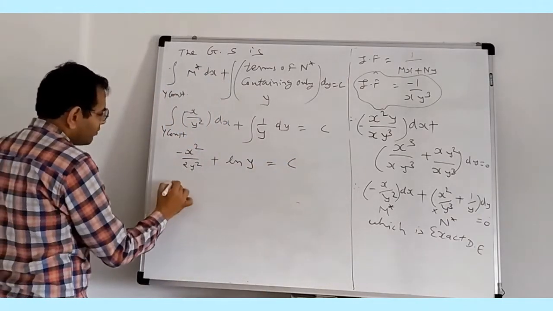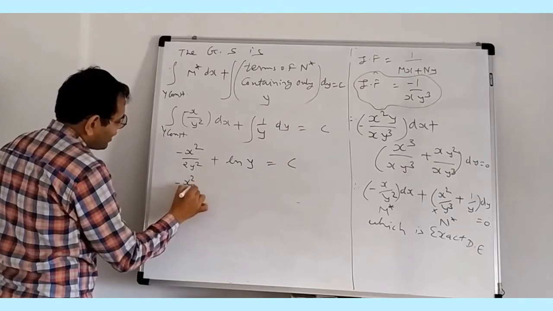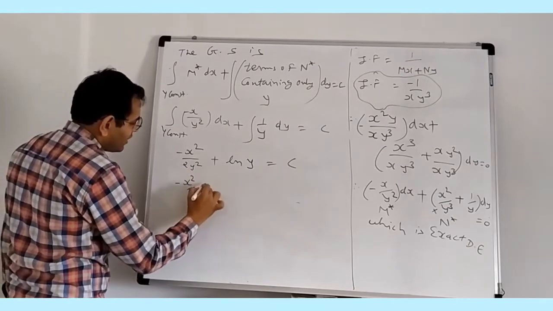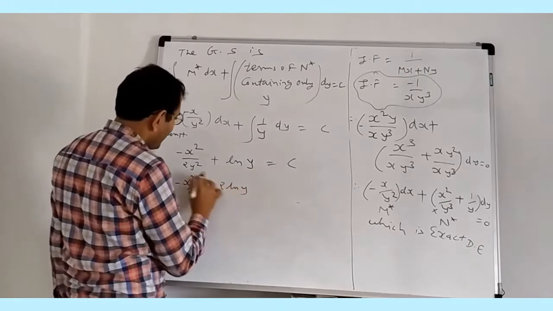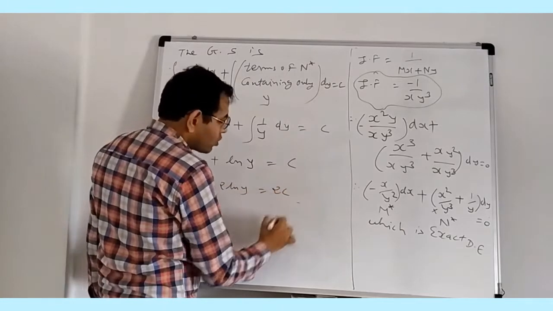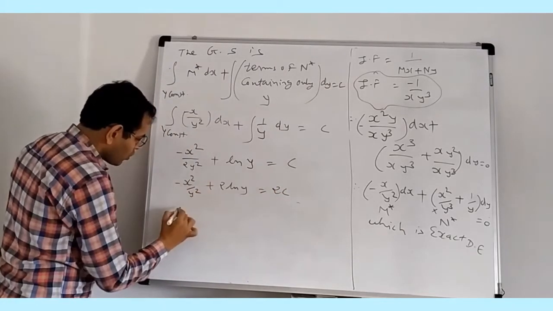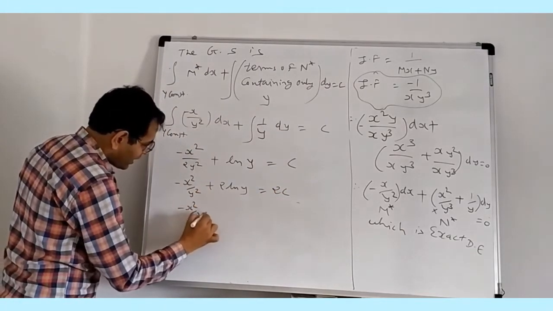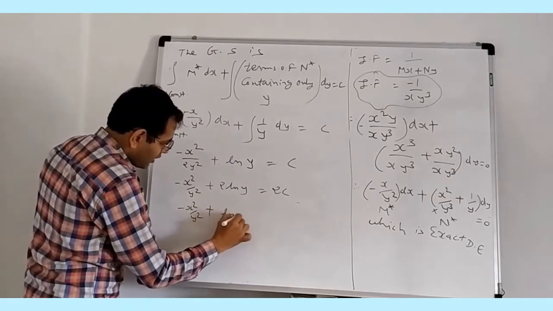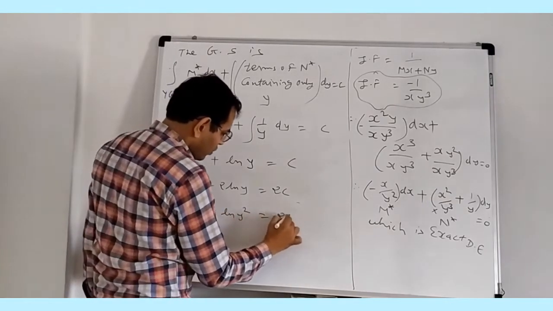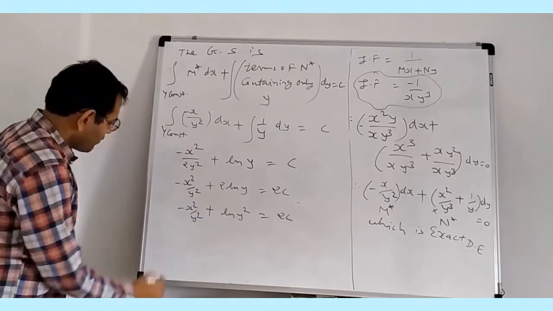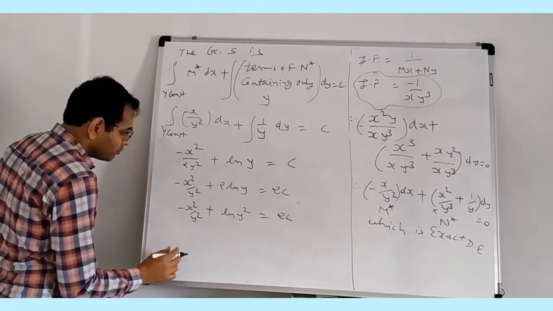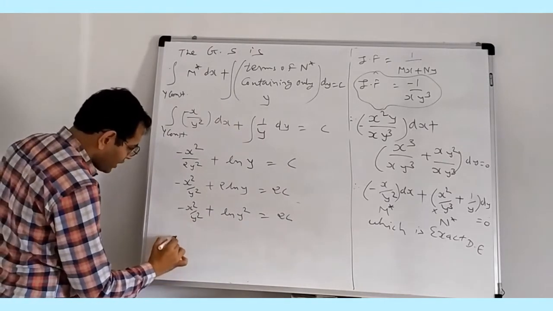Taking LCM, minus x square by y square plus 2 ln y equal to 2c. This 2 goes upper side, then ln y square equal to 2c. Now convert that term in form of logarithm.